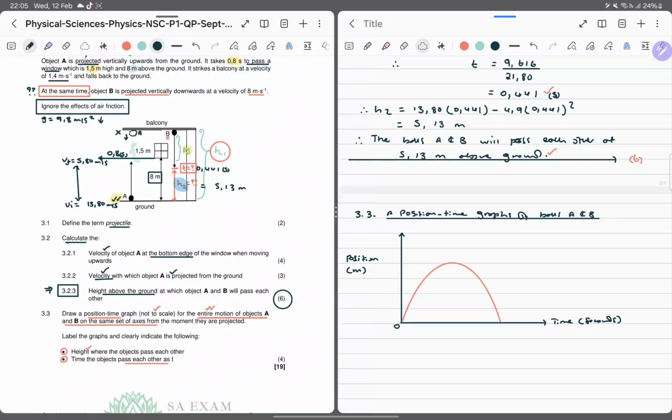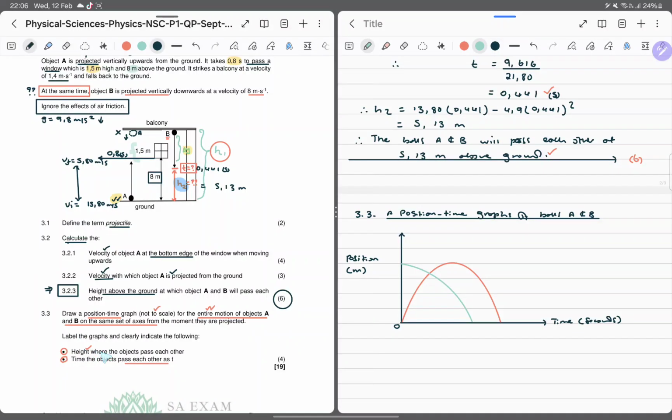Okay, I wanted it to hit that line. So remember, this is the total height. And then here comes the graph for the other one. The other one just goes down like that from the same total height.